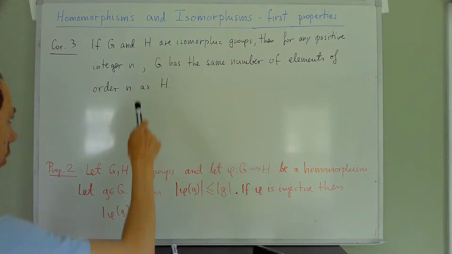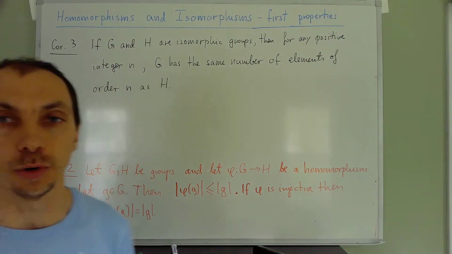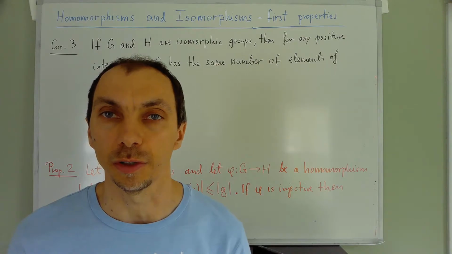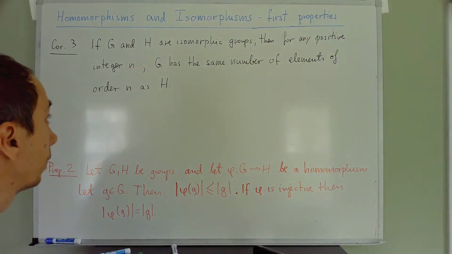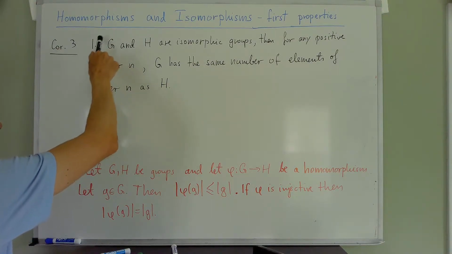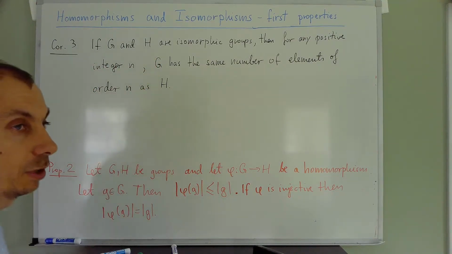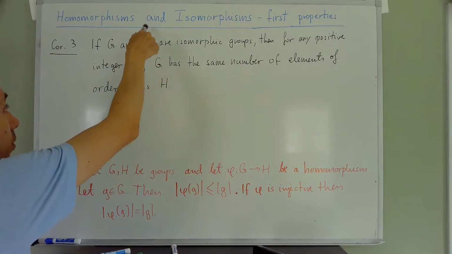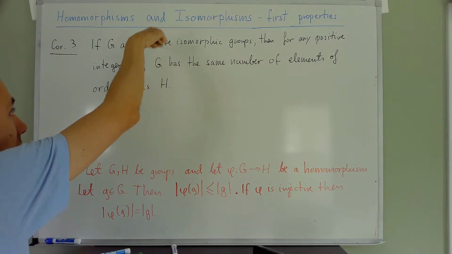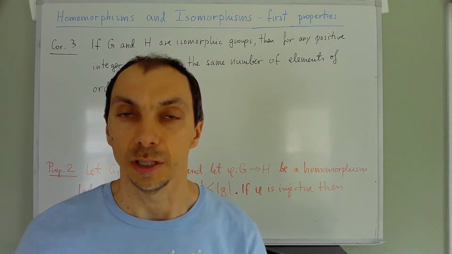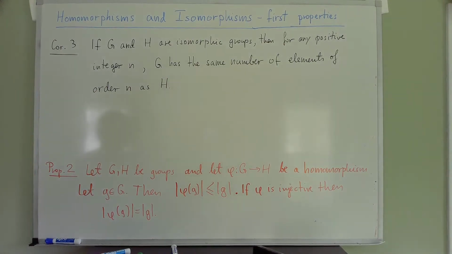So if G had 3 elements of order 7, then H must have 3 elements of order 7. Every element of order 7 in G will be mapped to an element of order 7 in H, and on the other hand, using the inverse isomorphism, every element of order 7 in H will be mapped to an element of order 7 in G. So you must have the same number of elements.